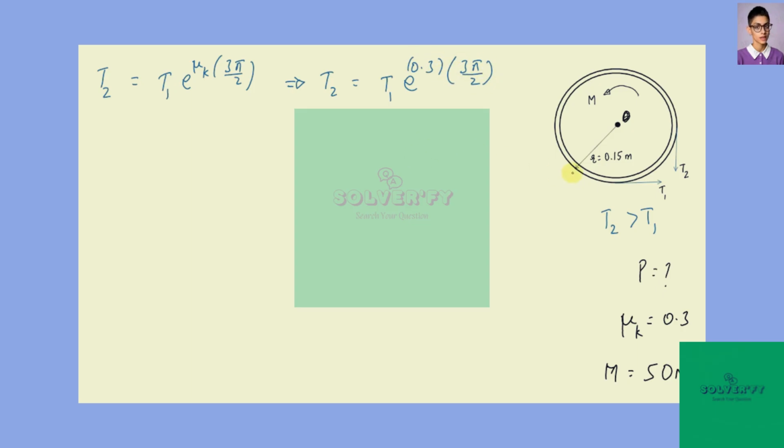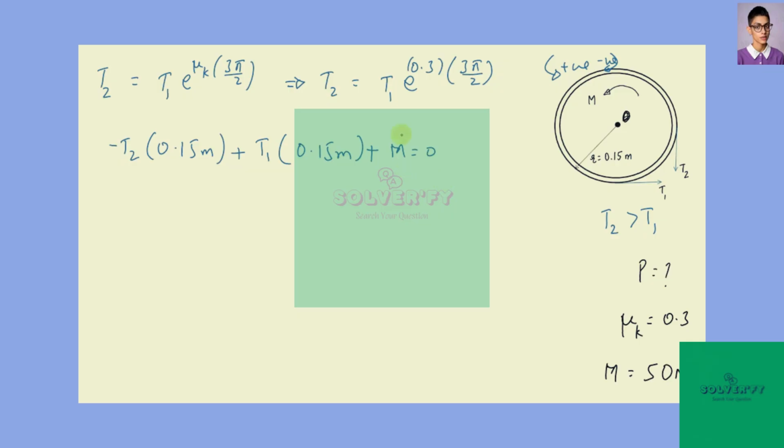Now let us calculate the moment about point E. So we can write minus T2 times 0.15 meter, this is the radius, plus T1 times 0.15 meter plus M is equal to 0. We have taken the moment in the anti-clockwise direction to be positive, and in the clockwise direction we have taken it to be negative.